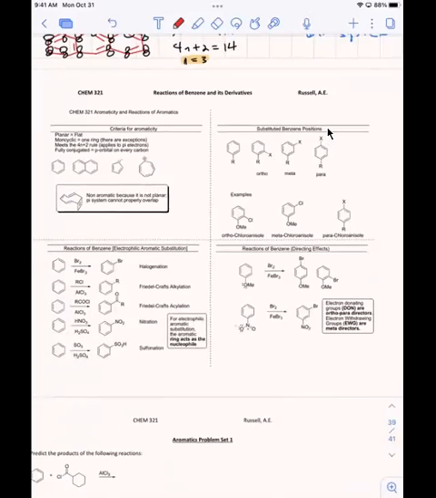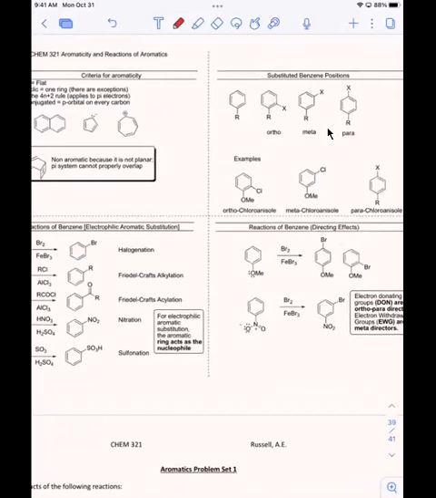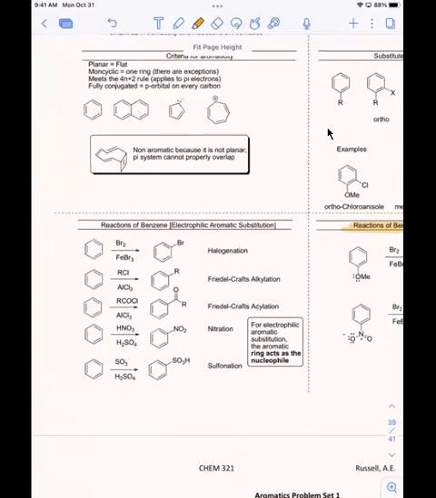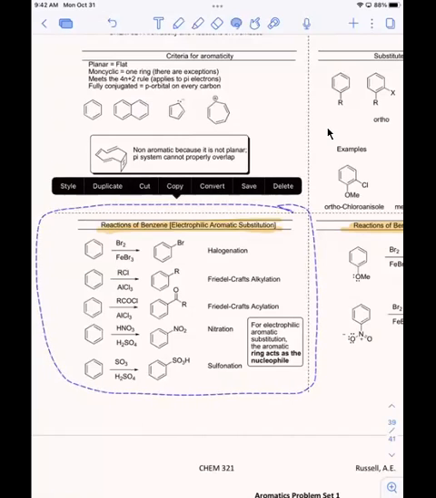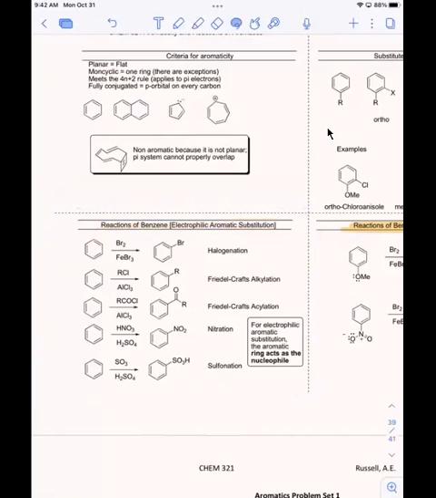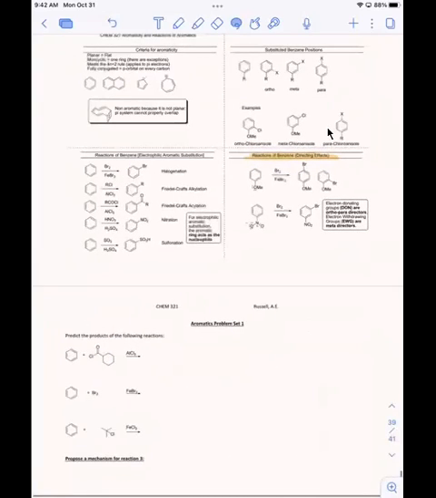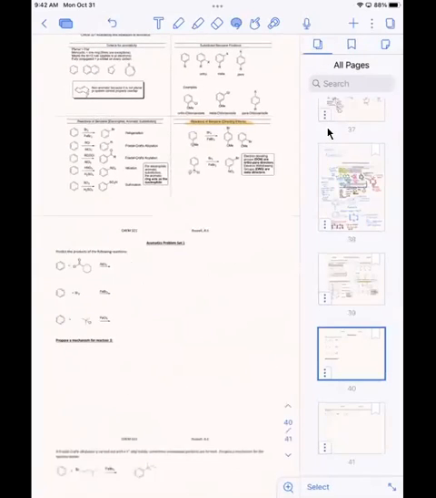There's a section for nomenclature, which we'll come back to, but what I really want to discuss in detail are these directing effects and the reactions. So I'm going to cut the reaction part out, put that on a new page, and then we're going to start talking about that. And if you watch the video, then you kind of saw some of this already, so it's not foreign to you.